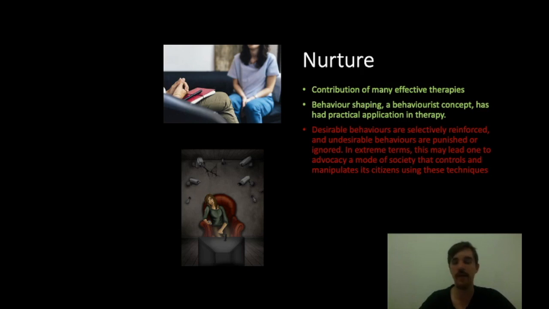I'm sure you can think of a very famous book that looks at this very thing. In fact, I think if you look at Orwell's 1984, this is what I'm referring to, where there is an authoritarian state that manipulates its people through all sorts of threats of punishment and positive reinforcement.